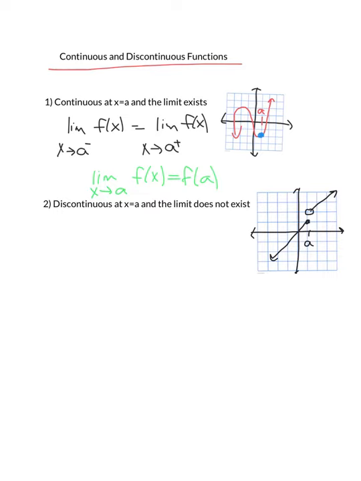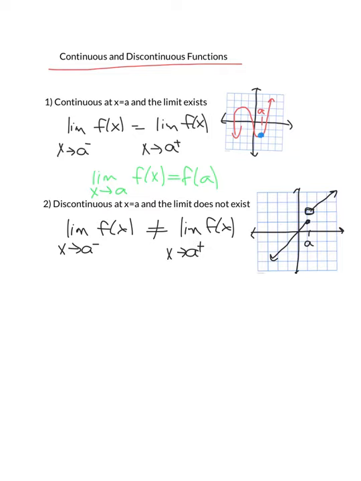In this next point, we have discontinuous at x equals a, and the limit does not exist. When I look at this graph, I'm not able to draw this function without lifting my pen. I can see that this point at a is closed, and then up here I do have an open point where my graph continues. So what this is saying is that the limit as x approaches a from the left does not equal the limit as x approaches a from the right.